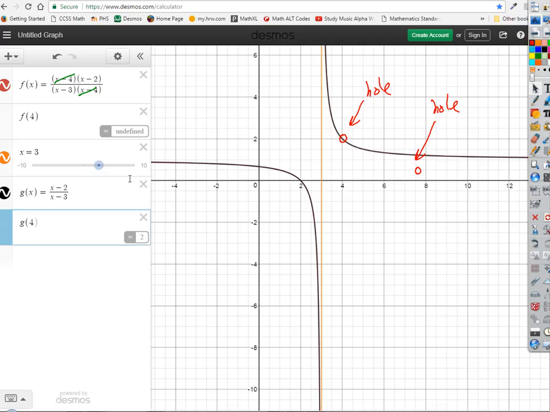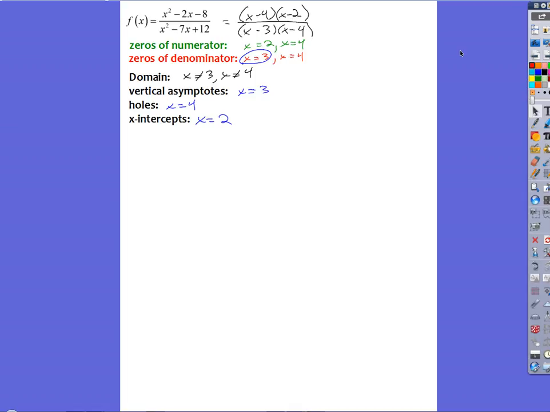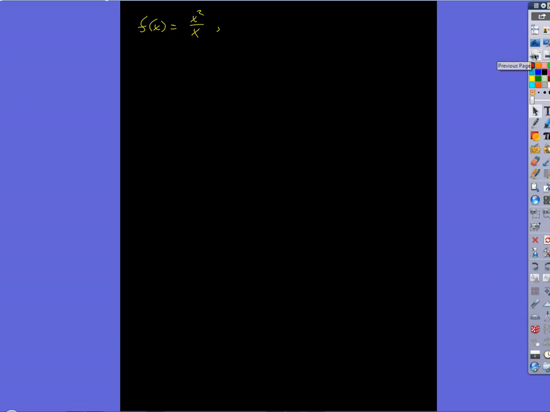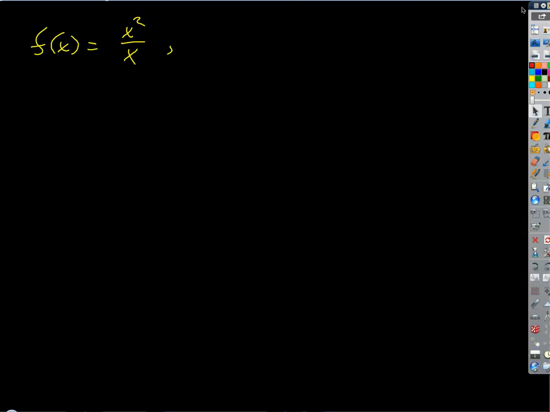You get the idea? If we take the really simple example, I know it seems really simple what I'm saying, like, duh, but this is a really sophisticated idea in calculus, for example. If I want to graph this function, that looks kind of complicated, x squared over x, right?